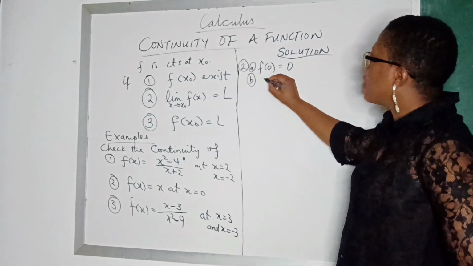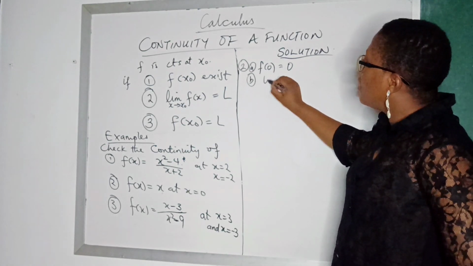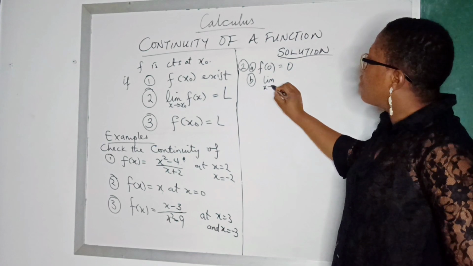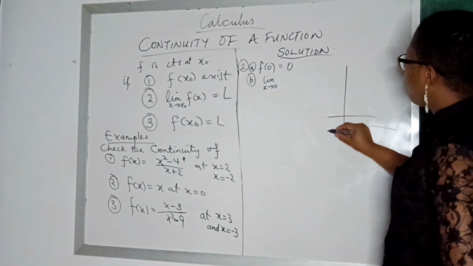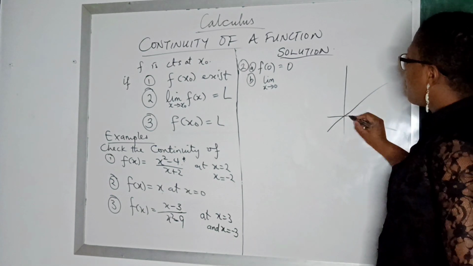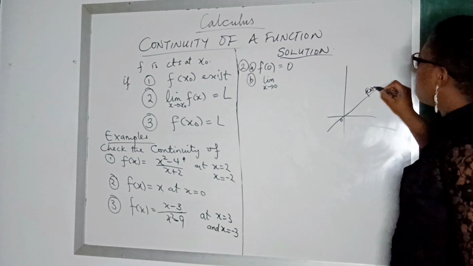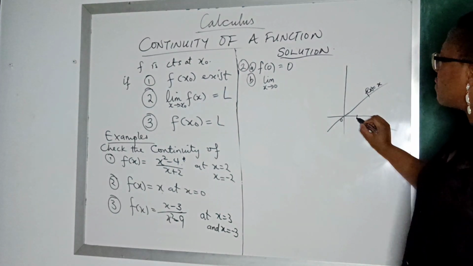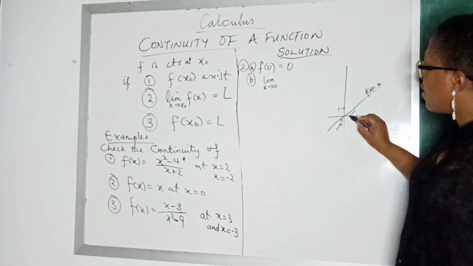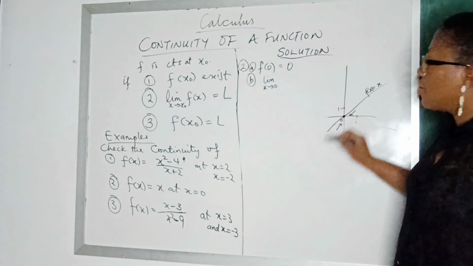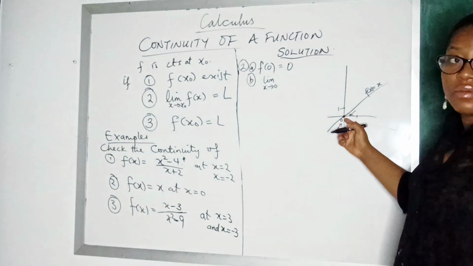Okay, thank you. So, the limit as x goes to 0. This is a straight line graph, okay? Where 0 is 0. This is f of x is equal to x. When x is 1, y is 1. So you see that both from the left hand side and the right hand side, as x approaches 0, it is 0.